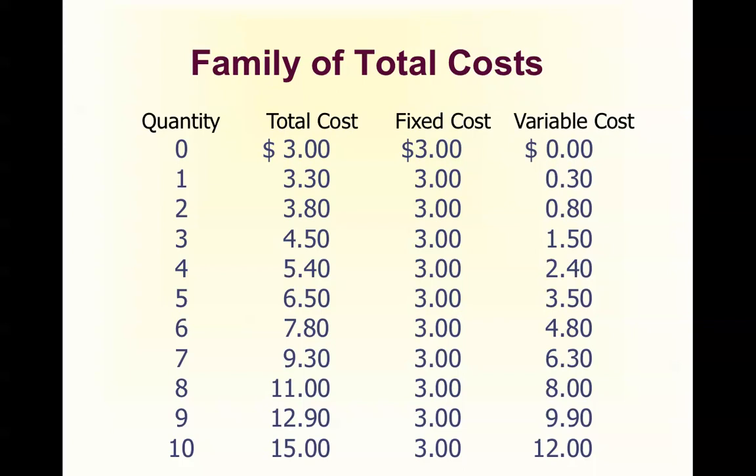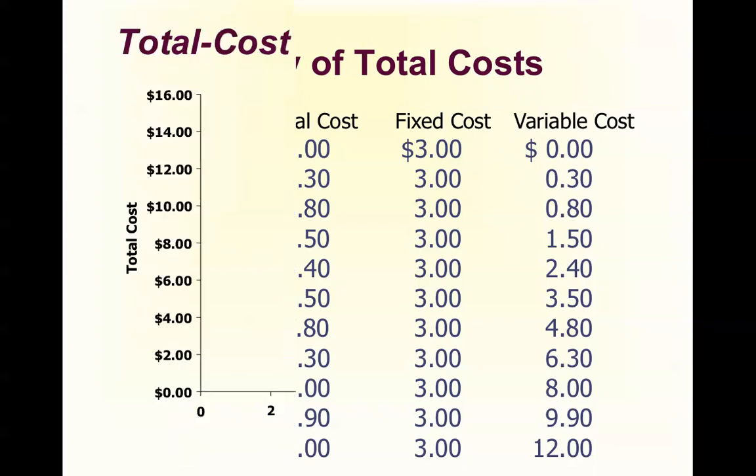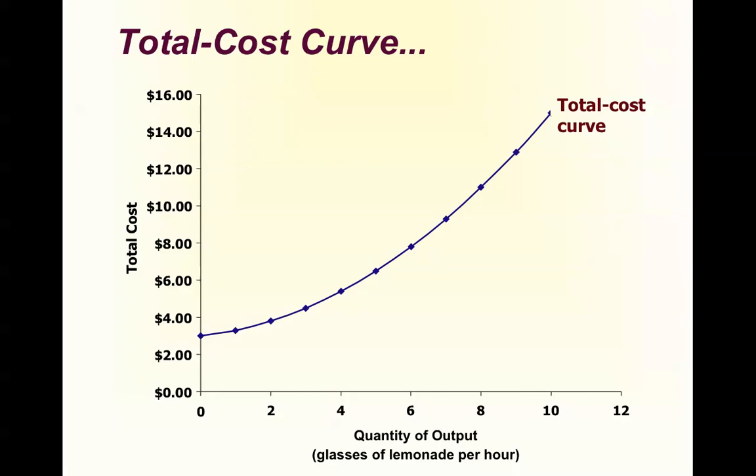Variable costs will eventually shoot up beyond the fixed cost. Graphically, the total cost curve starts from the fixed cost of $3, and then we have the variable costs as you're producing more and more of the item, in this case glasses of lemonade per hour.